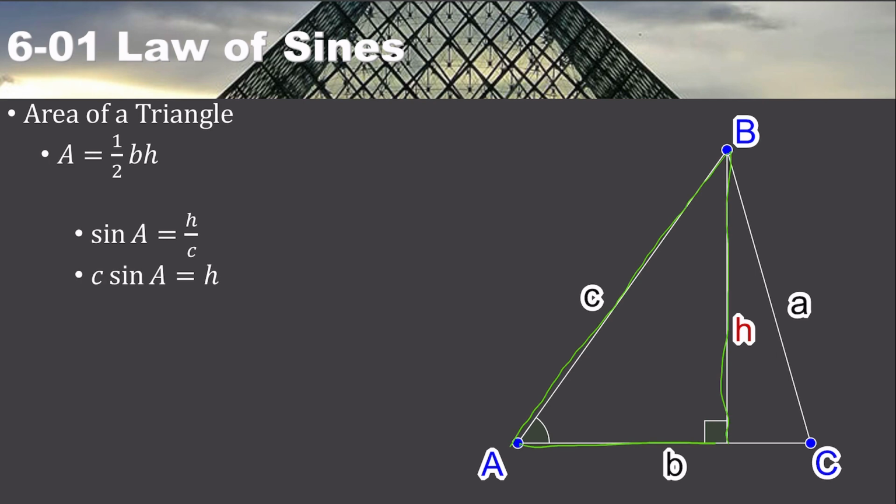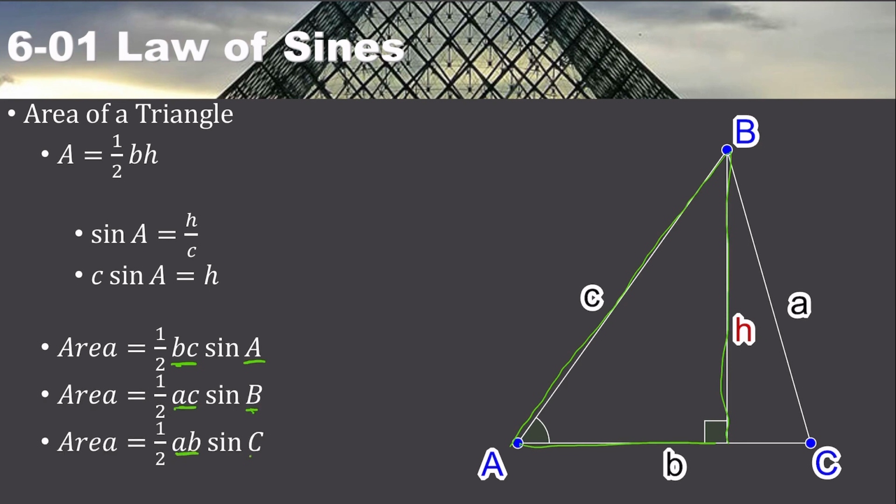So our height is c sine A. And my base is b, so my area is 1/2 the base b times the height, c sine A, 1/2 bc sine A. Notice we have two sides and the other angle. So we can rearrange it so it's two sides and the other angle, or two sides and the other angle.